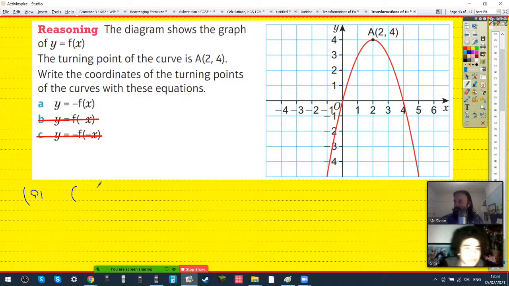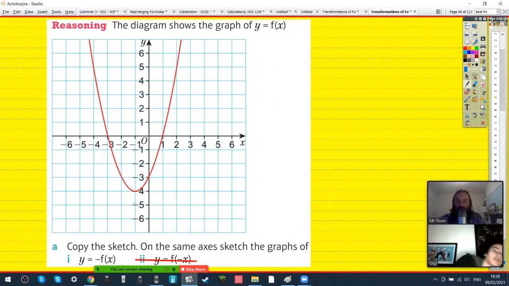Okay, so how about this one? That will become 2, minus 4. Correct. X stays the same, y changes. Okay, sketch this graph. Minus 4, minus 1 would move to minus 4, 1.